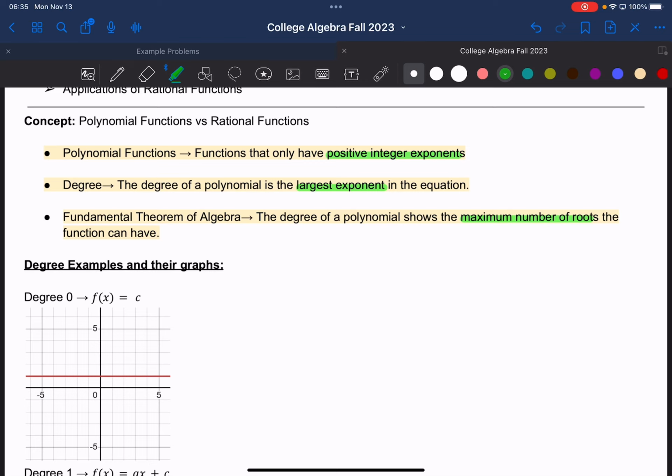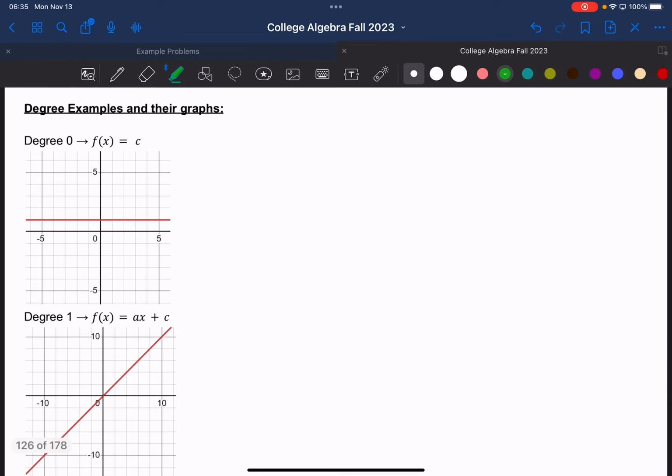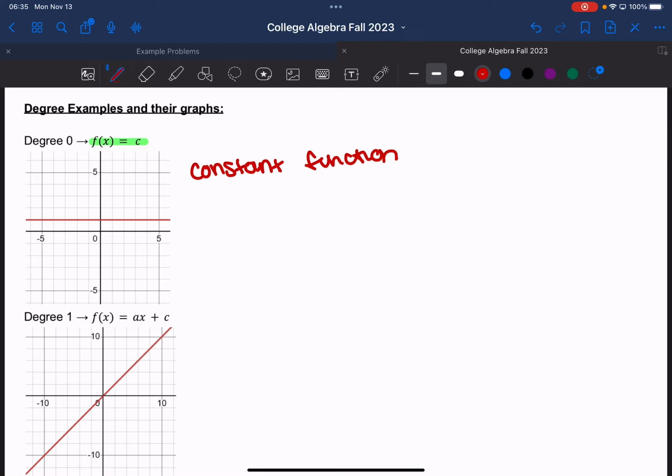Okay. So we're going to look at some different polynomial functions that we've already gone over. In the first example, we have the function f of x is equal to c. Remember, this function was called a constant function. The reason it's called a constant function is because our f of x, or our y, was just equal to a number.